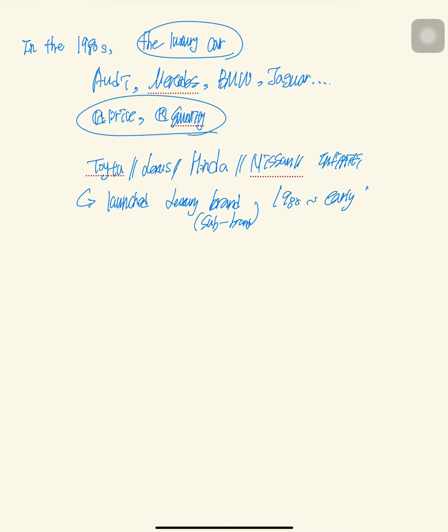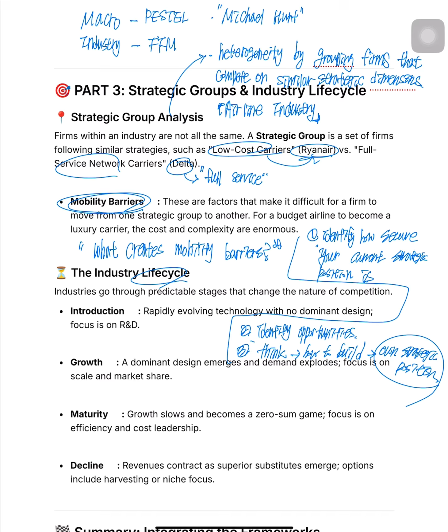So, the industry life cycle is a framework that describes how industries evolve over time and how those evolutionary changes affect competitive dynamics and appropriate strategy. The model is inspired by the biological concept of life cycle: organisms, like industries, go through predictable stages of development: birth, growth, maturity, and sometimes decline.